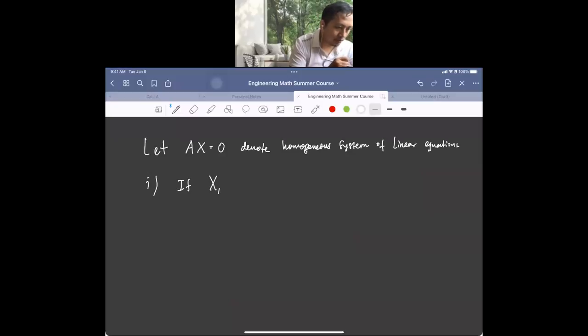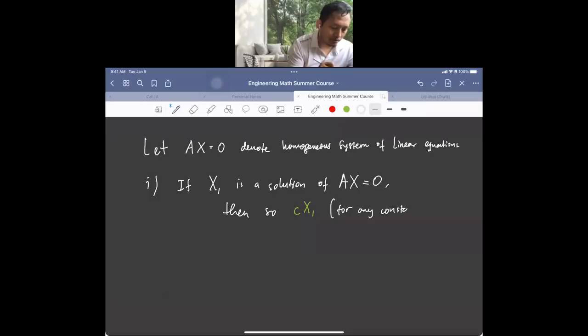First, if x1 is a solution of Ax equals 0, then so is c times x1, if we multiply with a scalar or constant c, for any constant c.